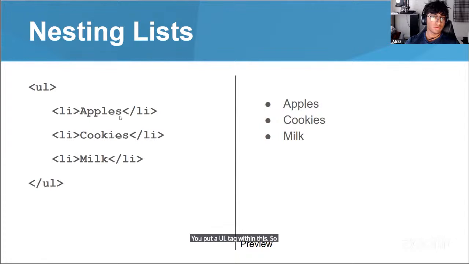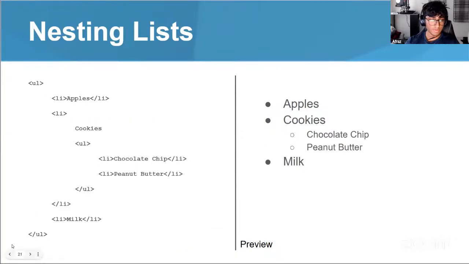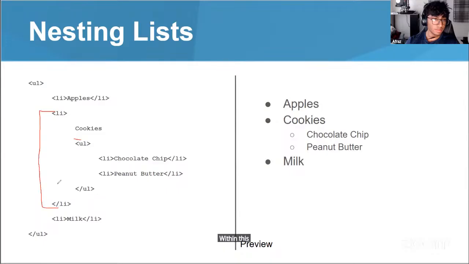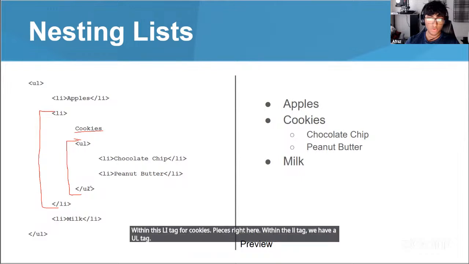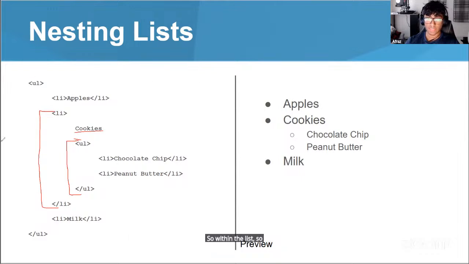So within this here, we're going to put in a ul tag after the cookies, right? So let's take a look at that. We can see here, within this li tag for cookies is right here. Within the li tag, we have a ul tag. So how I want you to think about it, again, like scratch blocks, right?